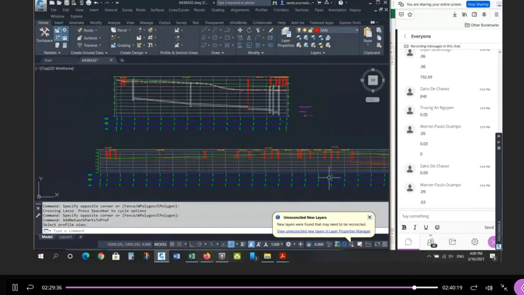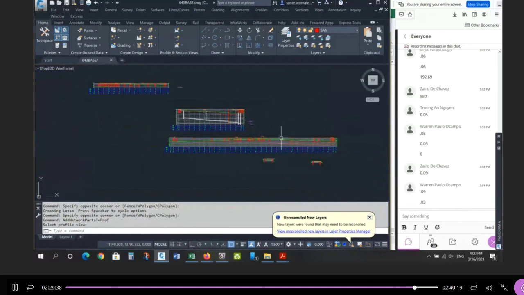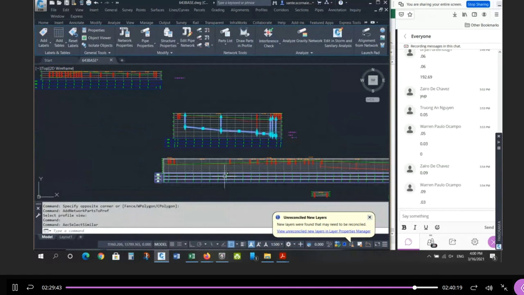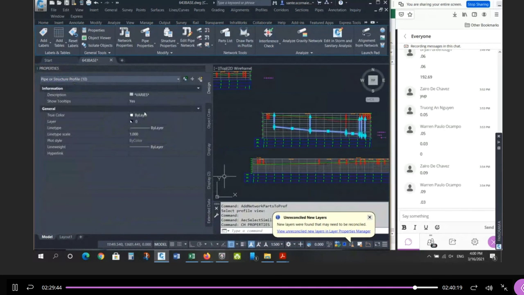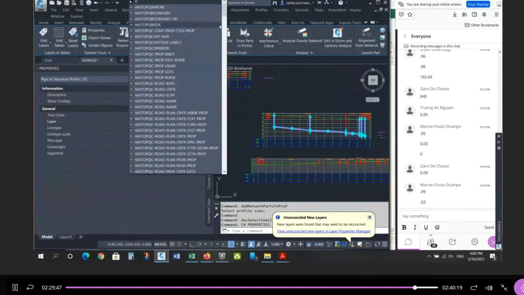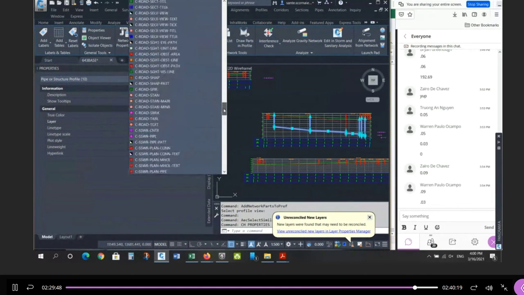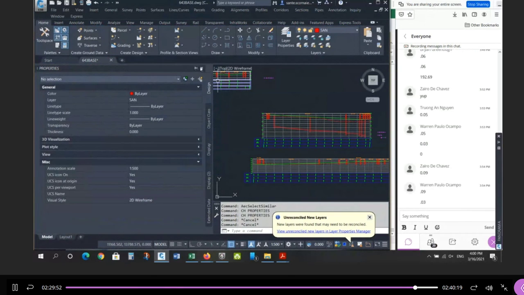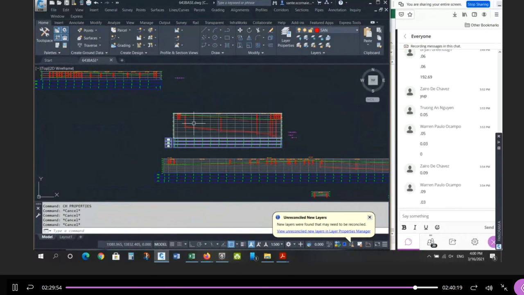Notice this one's already red because I drew it once. I already drew it red over here. Again, select similar, put it on the appropriate layer, sanitary sewer profile. And I've drawn the pipes. And now you need to add the labels and so on.